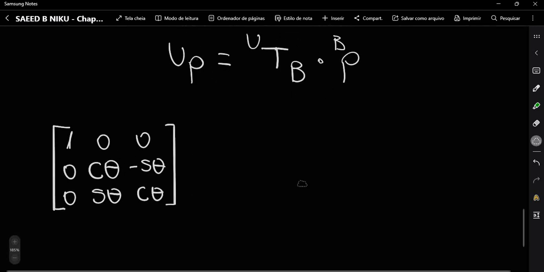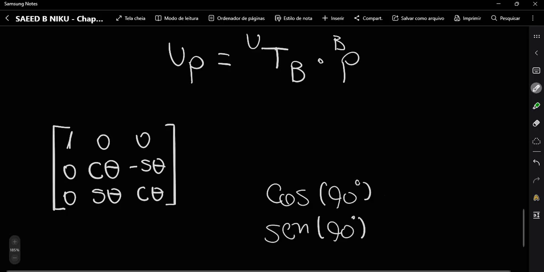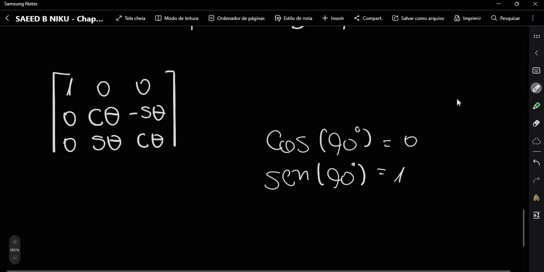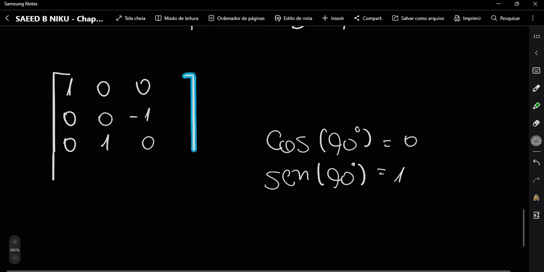And we just need to substitute by cosine of 90 and sine of 90, and we also need to add the scale factor W to keep this matrix in the quadratic form. 0, 1, minus 1, and 0, minus 1 and 0, and adding the scale factor to keep this matrix in the quadratic form. So this is the scale factor.